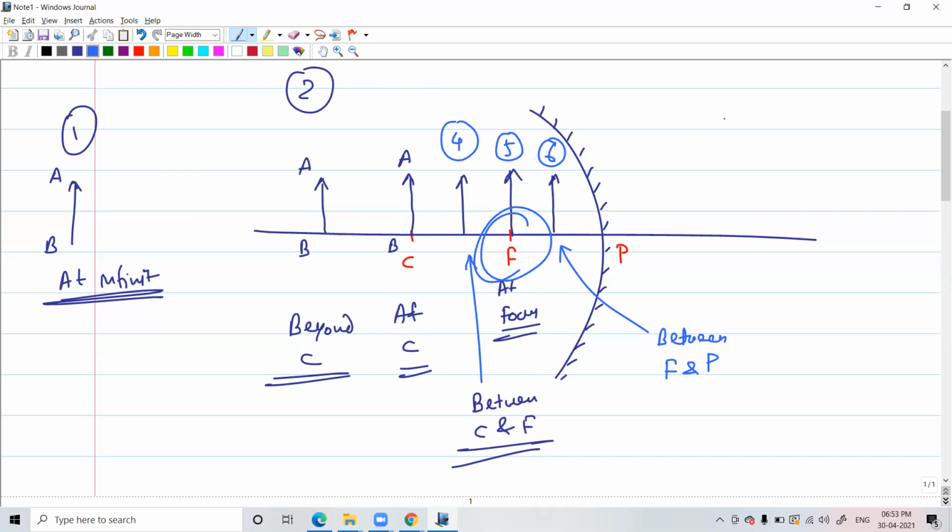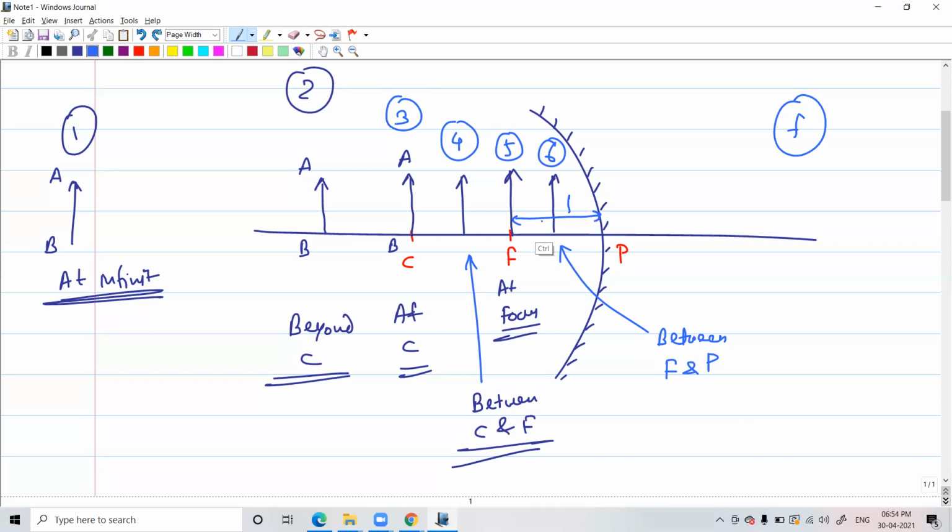Okay, I'm not clear about your question. Try to explain again your question, what you want to say. So for the sixth case, you are saying that it is between F and P, between focus and pole. Can we also write it as on focal length? Oh, okay. So because you are saying that from here to here, this thing is focal length. So you mean to say that the object is on f, small f. That's what you want to say?